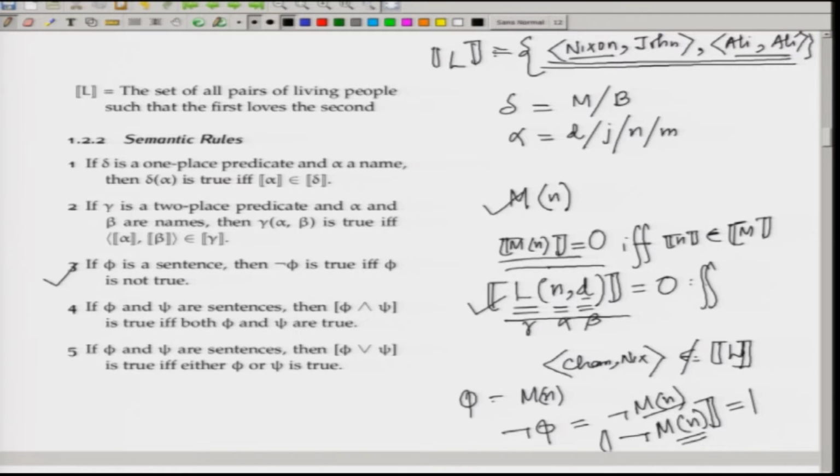In that case, the truth value of M N and L N D will be 0, because this is 0 and this is also 0. And so is the case with or, because in this case at least one must be true, which is not the case. Neither is true.